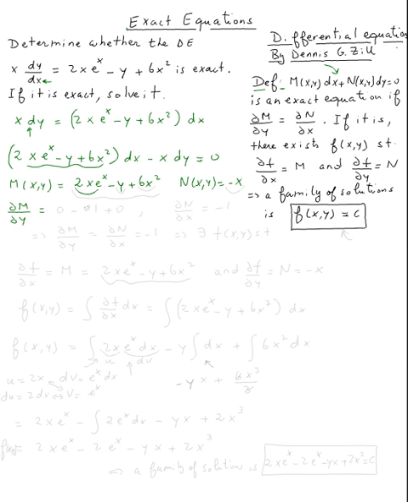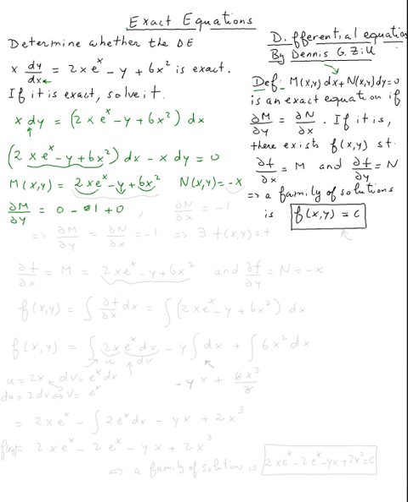Partial M with respect to y is equal, since this is a constant, to x e^x, consider the constant, that's 0, minus, this is still a 0. No, that's a negative 1. Sorry. Minus 1, and then plus partial of 6x squared. 6x squared is constant, so it is 0.